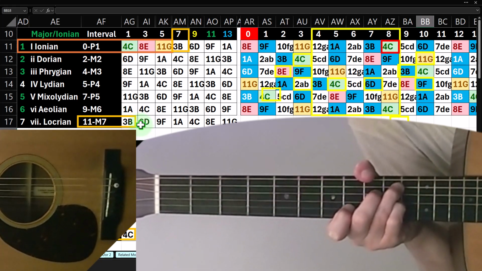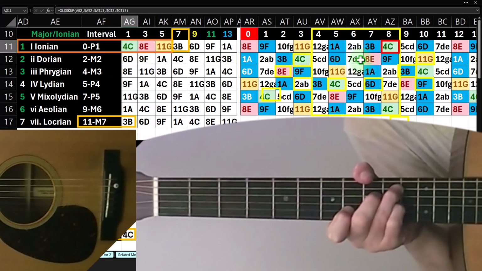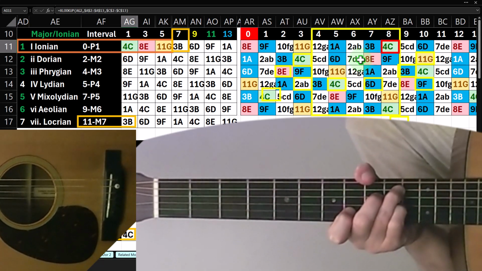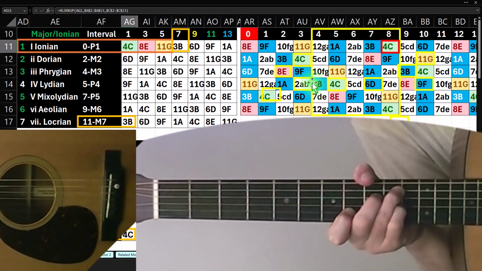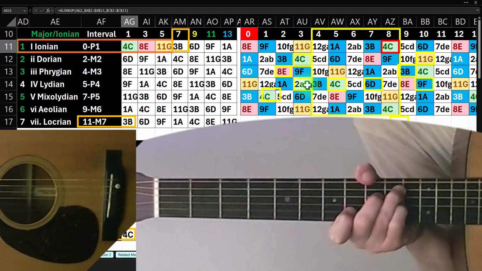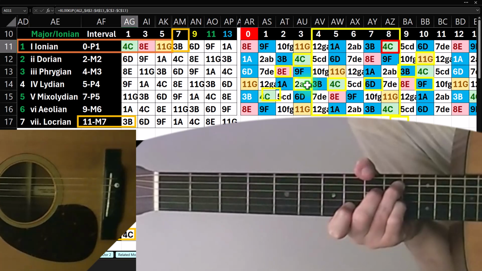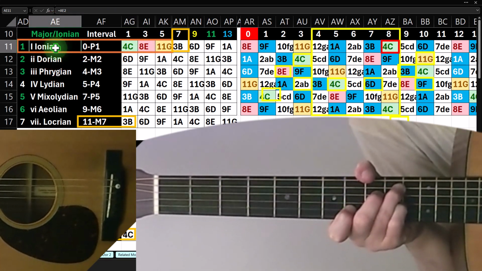One way I can do it is I can say, okay, I know this shape as the C, as the major shape, and I know how to make a major chord, but when I make the major chord, I'm always going to flatten the 7, right? I'm going to add the flattened 7, which means I've basically converted this one from a C major to basically a C Mixolydian, right?